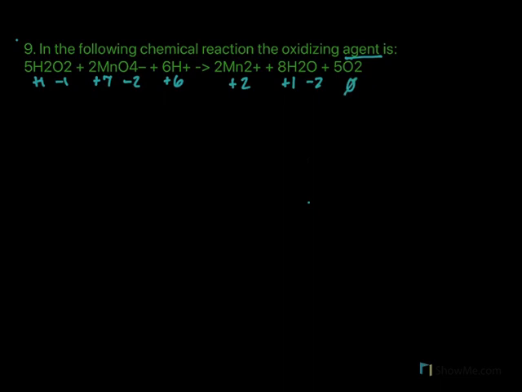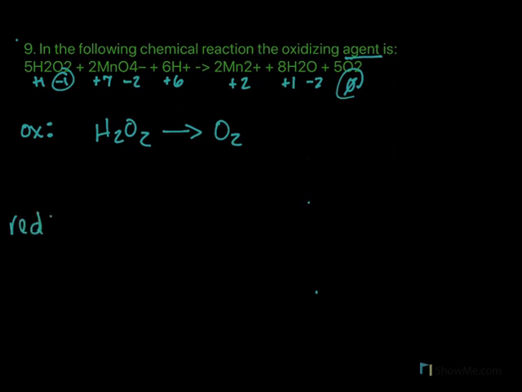So if we look at the element that's being oxidized, we'll notice that oxygen here has a -1 charge, and here it has a charge of 0. So for our oxidation part of the reaction, we're going to have hydrogen peroxide to just oxygen.